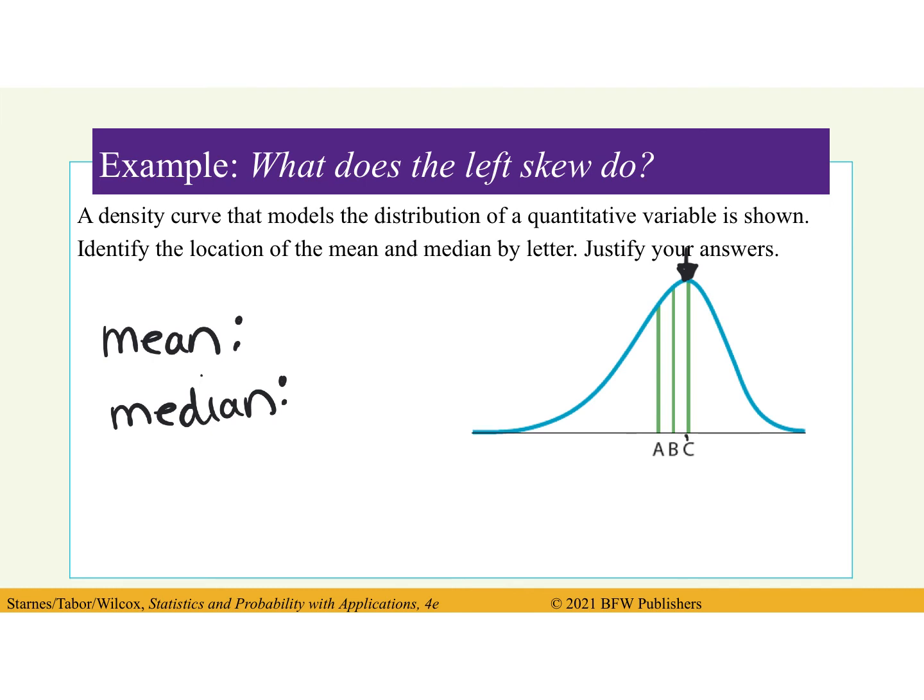No, that means C should not be the mean or the median. The only time the peak is our mean or median is when it is symmetrical. So which one is going to be the mean, A or B? A. Skewed to the left, A is going to be the mean because it's smaller, and that makes B the median.